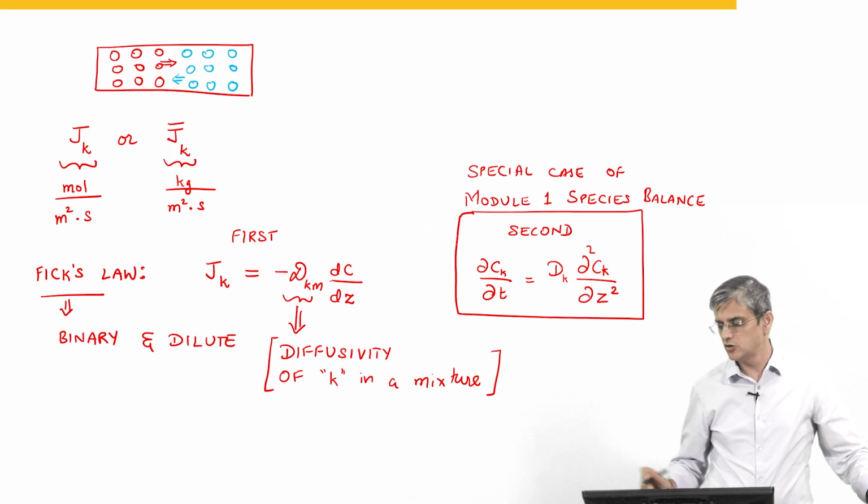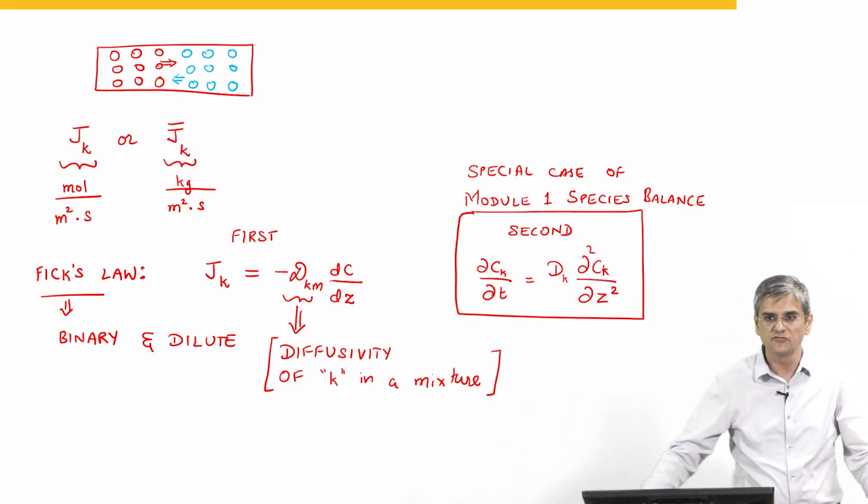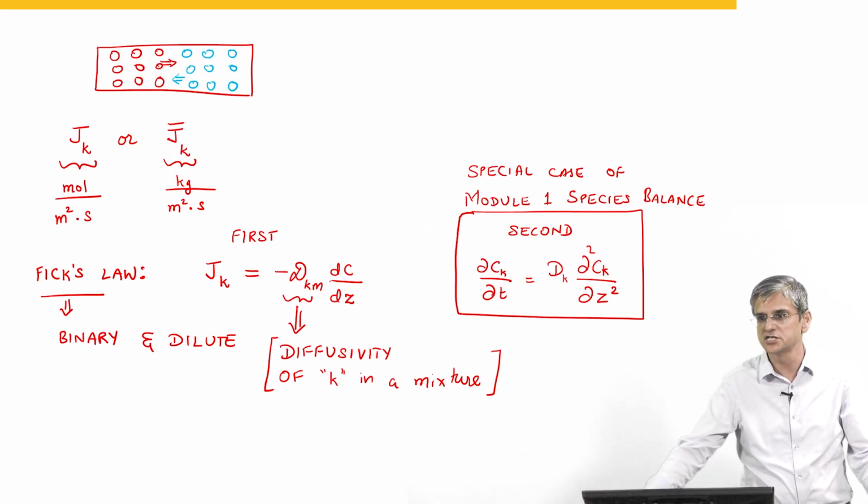Okay, so Fick's second law is a special case of the species balance of module 1, where no reaction is taking place and there is no convection in the system. Okay. So, this is all I have to talk about Fick's law.